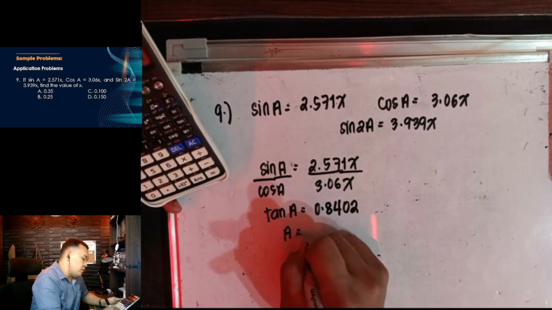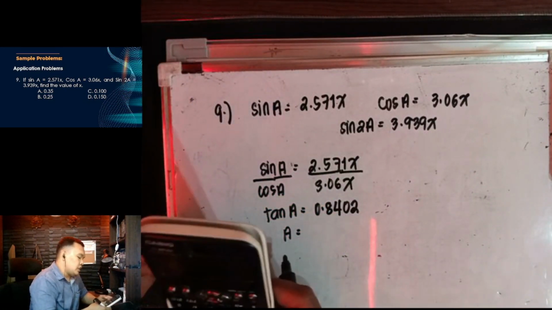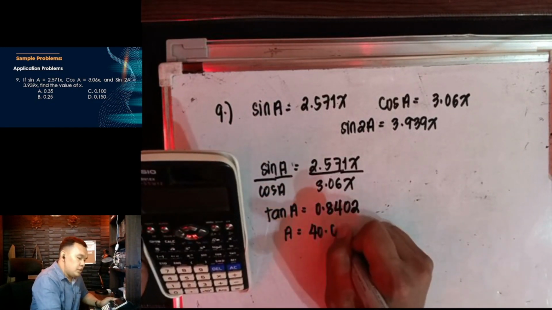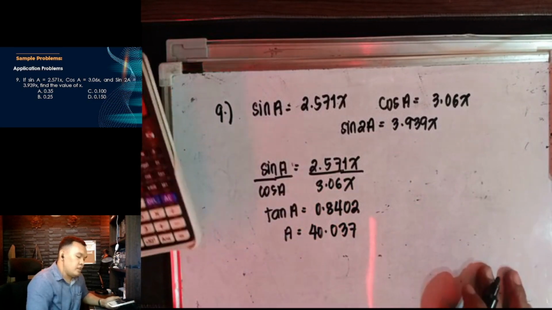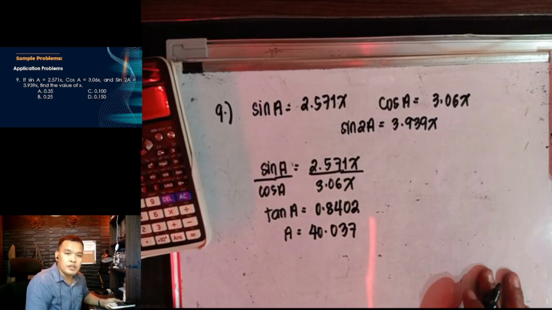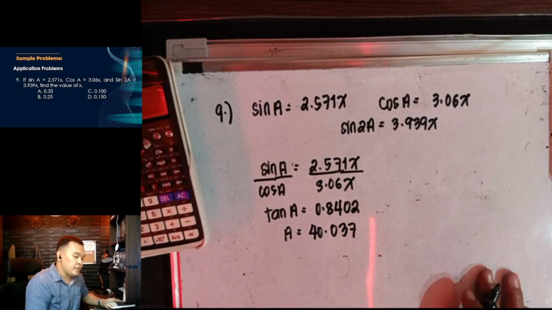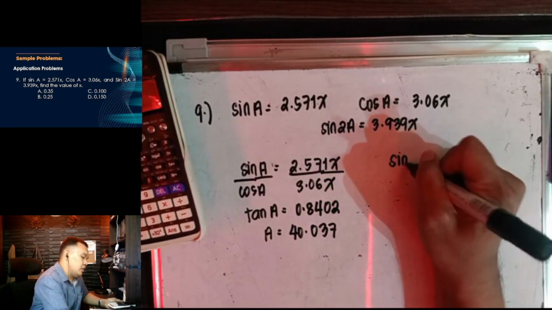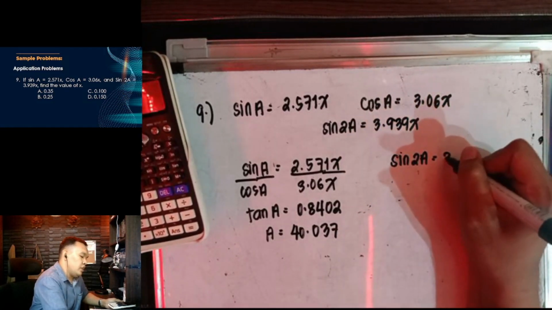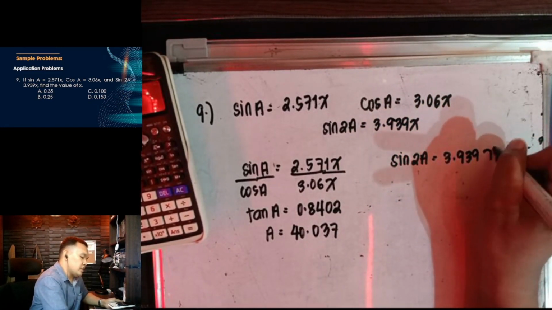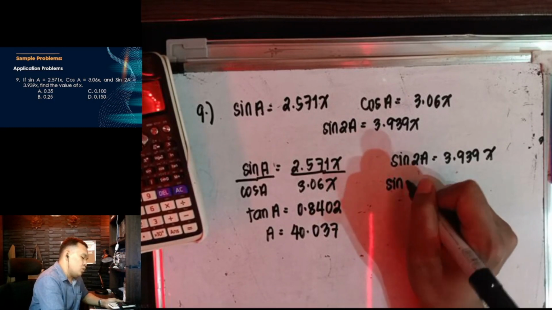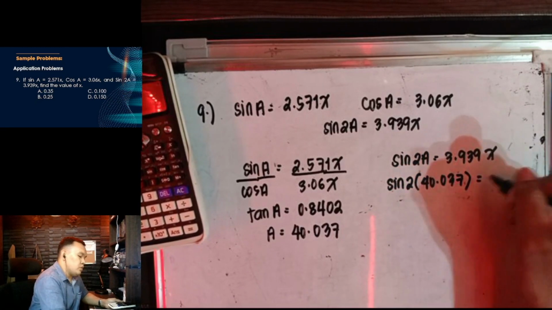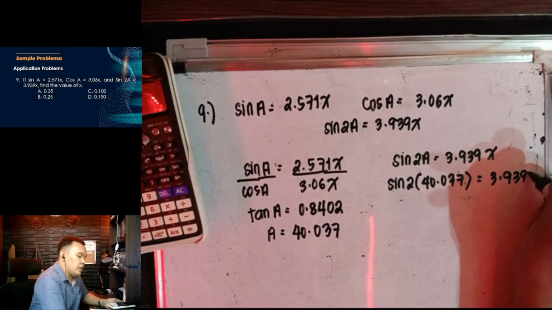Then, A is equivalent to arctan of the answer. So, we have here 40.037, the value of A. No? To get the value of x, lagay nyo lang to dito sa ating equation na to. So, sine 2A is equivalent to 3.939x. Then, sine 2 multiplied by 40.037 is equal to 3.939x.